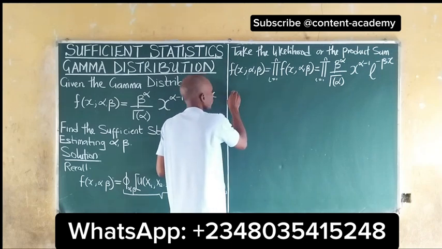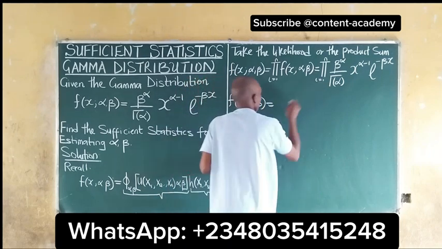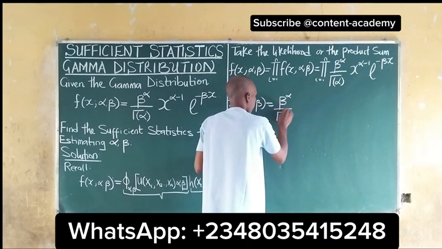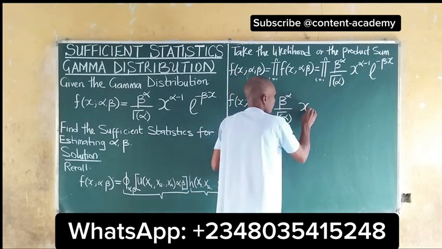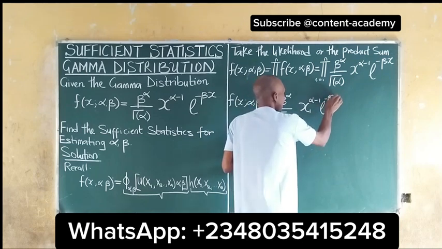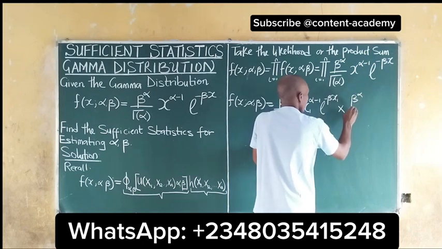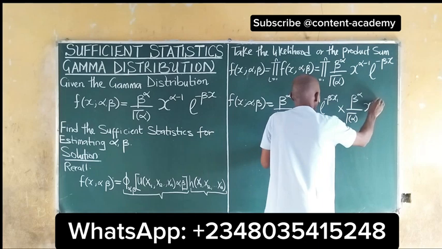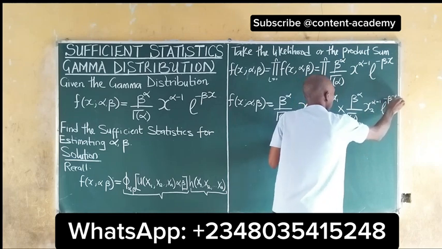So what does it mean to take the likelihood function? It means that we have first, beta to the power alpha all over gamma alpha, x1 to the power alpha minus 1, exponential negative beta x1, multiplied by beta to the power alpha, x2 to the power alpha minus 1, exponential negative beta x2.